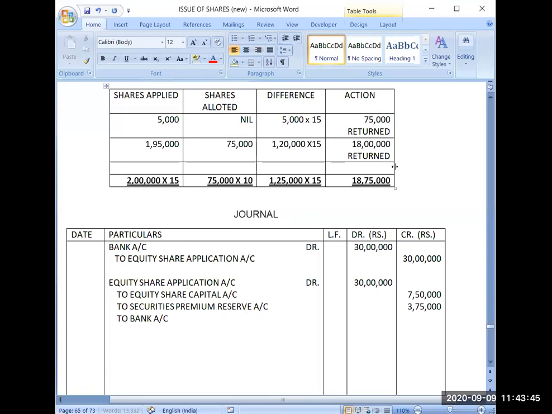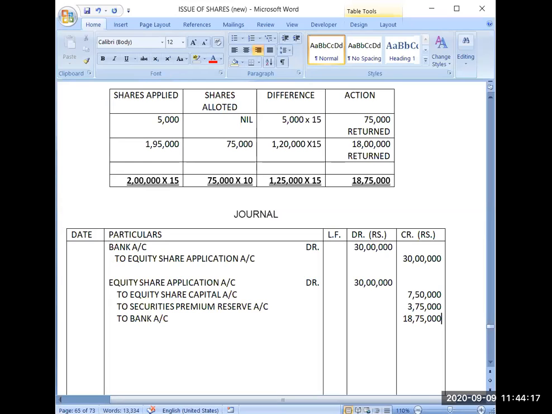And now in the working note, I have calculated how much amount I have to return. So that returning amount I will fill here, 18,75,000. So in this manner, now you can check the totals. If you do each and every amount with logic, each and everything will always be clear to you.